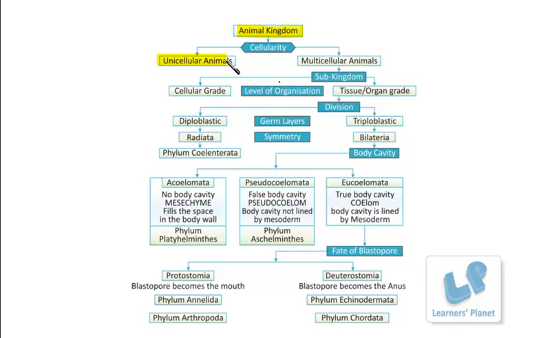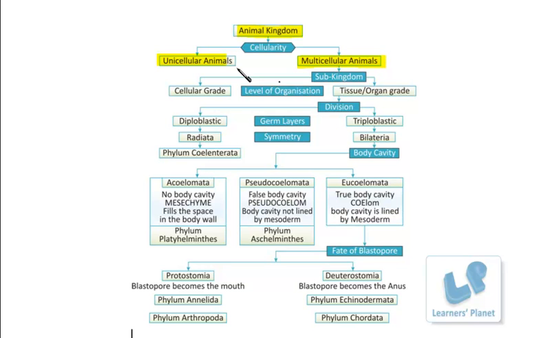There are unicellular animals and multicellular animals. Unicellular animals have later been placed in the kingdom Protista, and are known as protozoa. So we can study protozoa in the animal kingdom as unicellular animals.